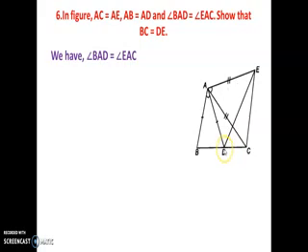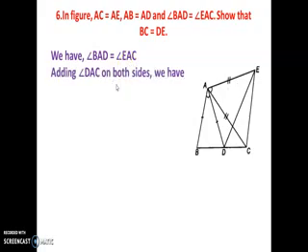Now add angle DAC on both sides. Yes, here angle DAC is common to these two triangles, that is angle BAC and angle DAE. So let us add this angle, angle DAC, on both these sides. It becomes angle BAD plus angle DAC is equal to angle EAC plus again angle DAC.